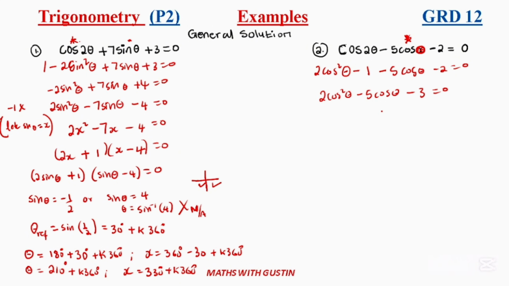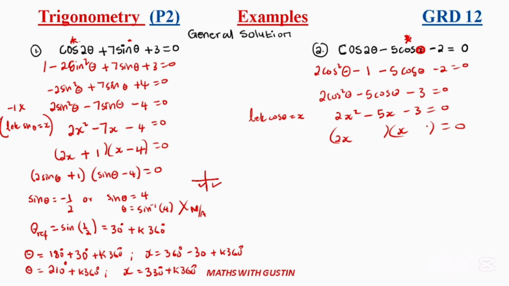When you get to this point, you can see, ladies and gentlemen, that you are stuck again, which means you have got a trinomial. So you are going to let cos theta be equal to x, which will give you 2x squared minus 5x minus 3. Now you can factorize this trinomial, which should be fairly easy.